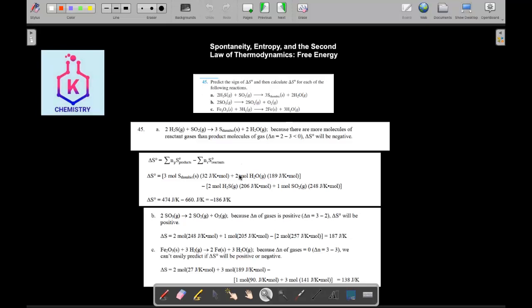What you can see here, because number of moles of gases equals 3 minus 3, equal to 0, we can't easily predict if the delta S will be positive or negative because I can see the number of the gases has not changed. So I can just find it by the numbers, and then don't forget also the number of moles when calculating to find it as 138.